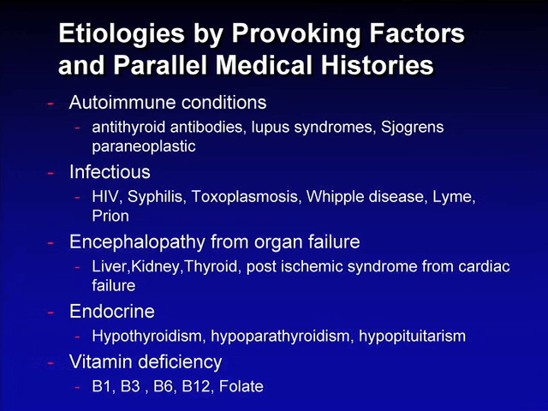We can also look at provoking factors and parallel medical histories and look for reasons why they can have dementia, including autoimmune diseases, where you can have antithyroid antibodies, the lupus syndrome, the Sjogrens, or paraneoplastic syndromes. These are very easily missed. Many of the autoimmune disease patients can complain of some cognitive change, but they don't make the relationship that these things can also cause changes in the brain.